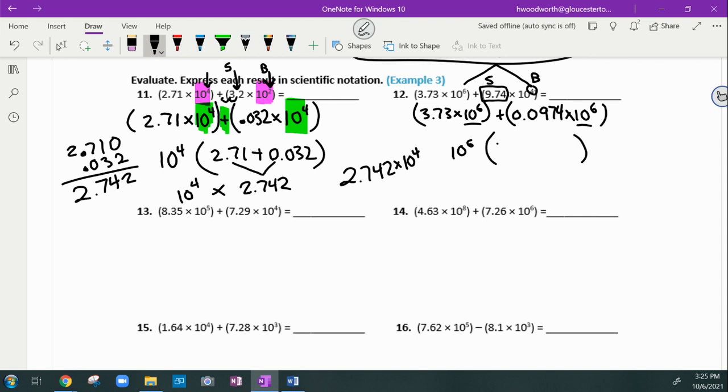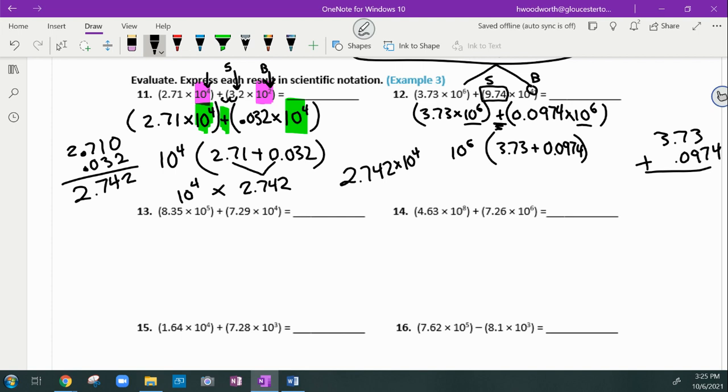What's left over? I have 3.73 plus, because there's a plus sign there, 0.0974. Now I have to add those up, 3.73, and I add on my 0.0974.